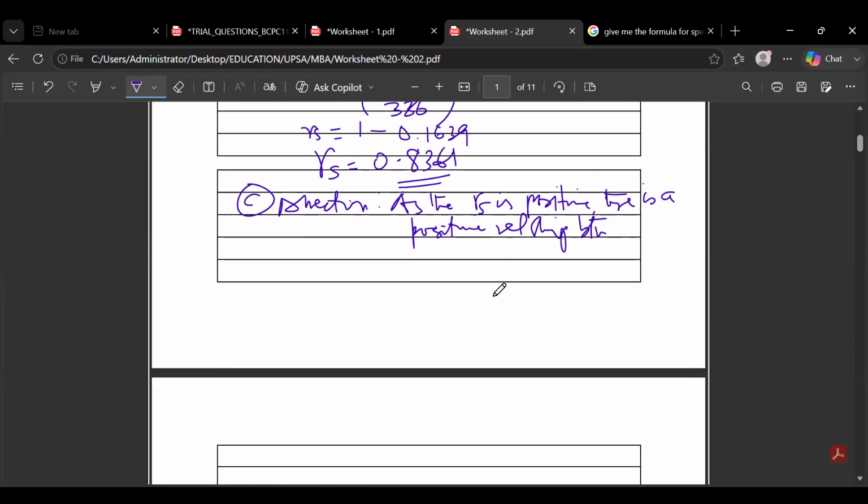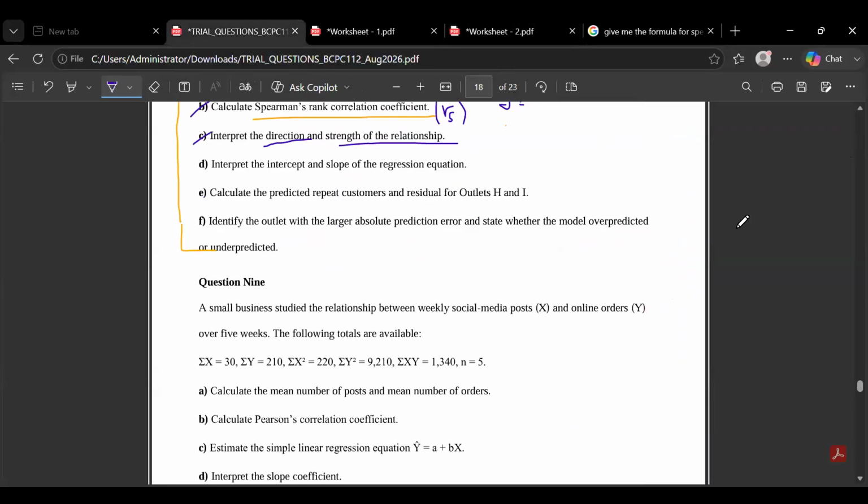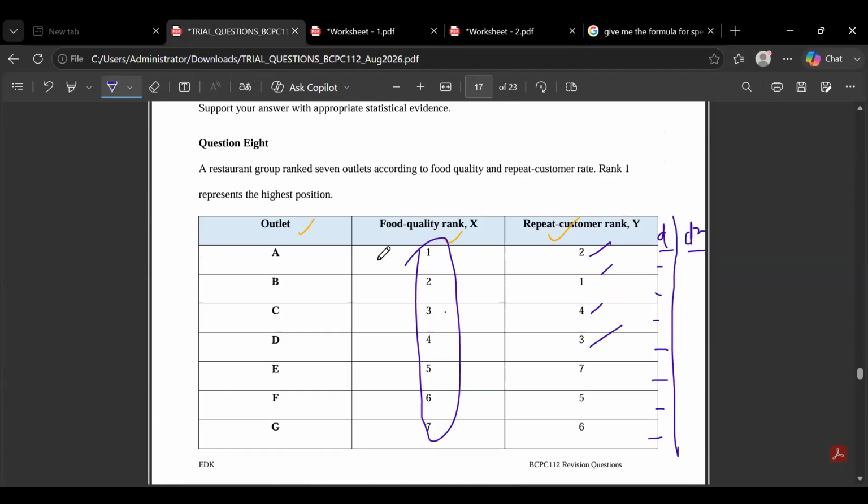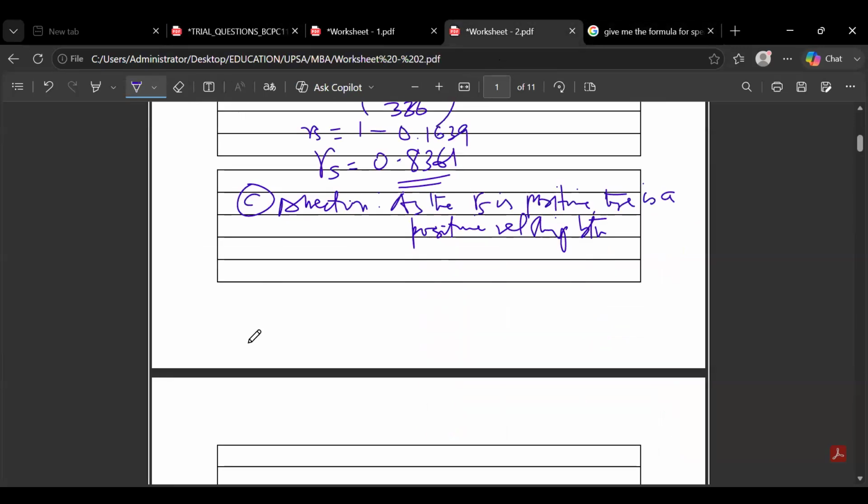You write the full name of the X. The X stands for food quality rank and repeat customer rank. So there's a positive relation between food quality and repeat customers. That's the direction. And what about the strength?